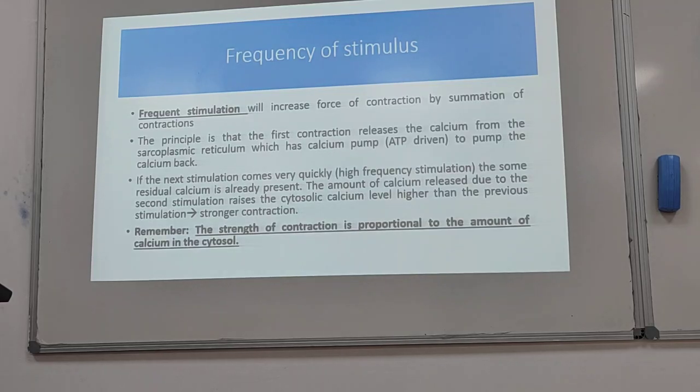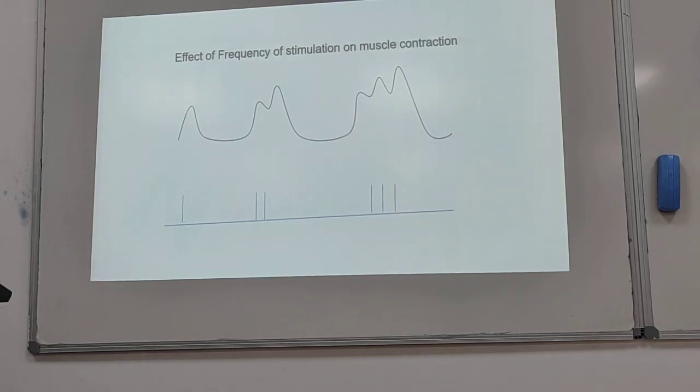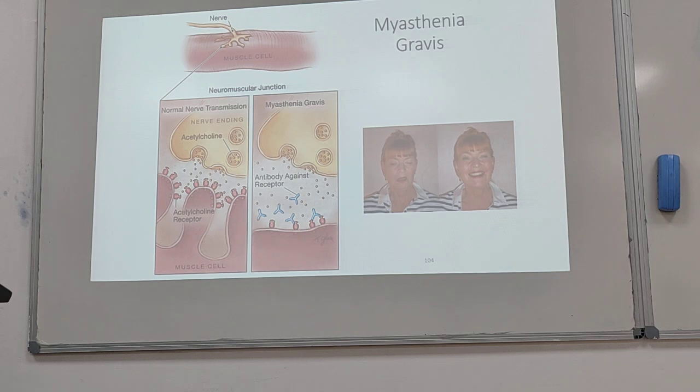Remember, read it. The strength of contraction is directly proportional to the amount of calcium in the cytosol. If we repeatedly stimulate, the muscle will contract more powerfully because more calcium will be available.